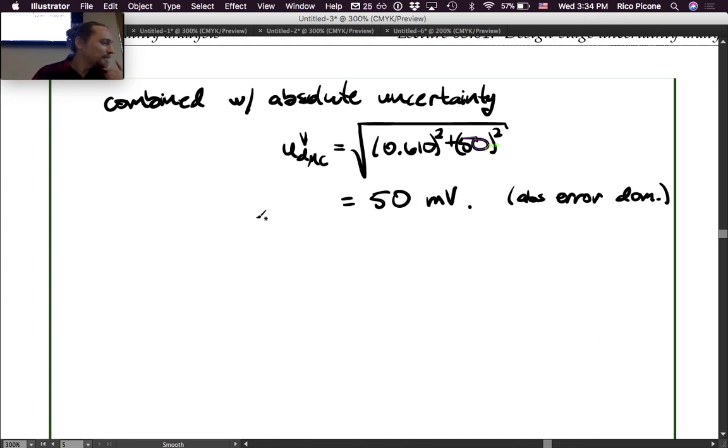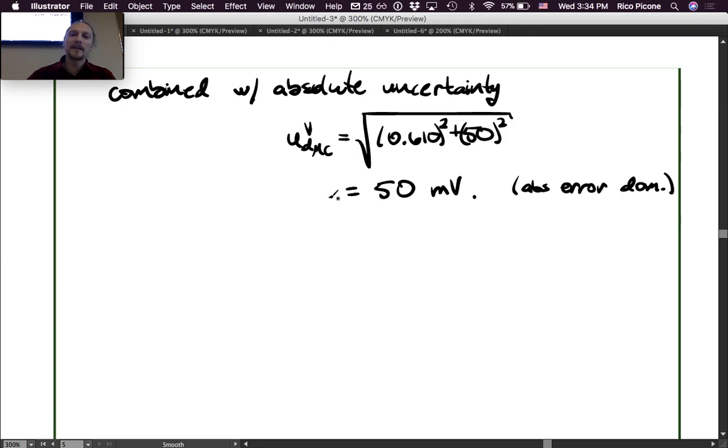Okay. So we want to turn this into a force sensitivity or a force uncertainty as well. So in terms of force, we have to use the transducer's conversion again, right? The sensitivity of the transducer that converts the force into a voltage.